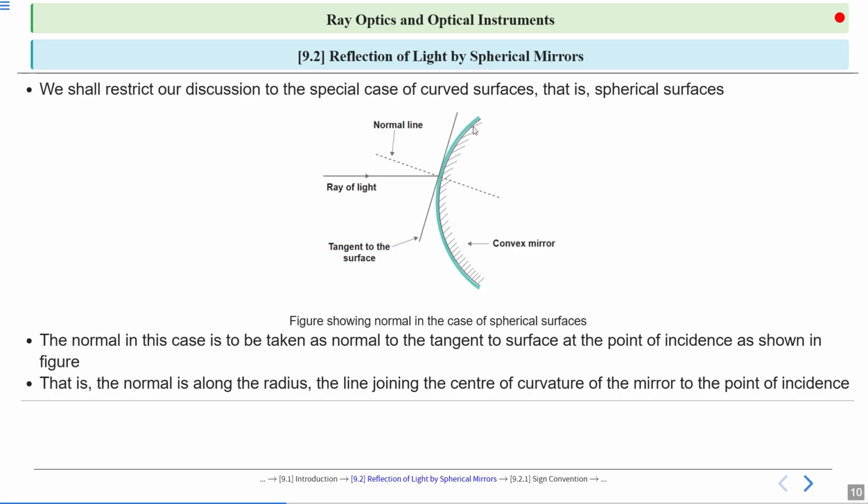This convex mirror is a part of a sphere, so it will have some center, that is the center of curvature. From that center of curvature to the outer part, that is the radius. So this normal line is along the radius, and it will pass through the center of curvature of the mirror, to the point of incidence.